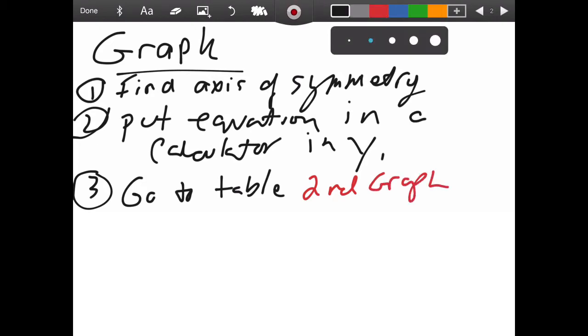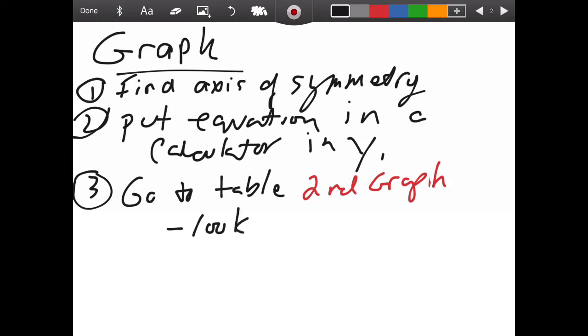No matter which one you use, that's all it'll be. Then you're going to look for that x equals that you found on the axis of symmetry.